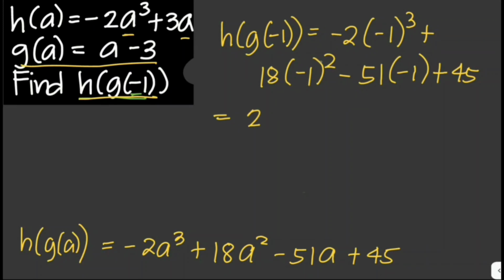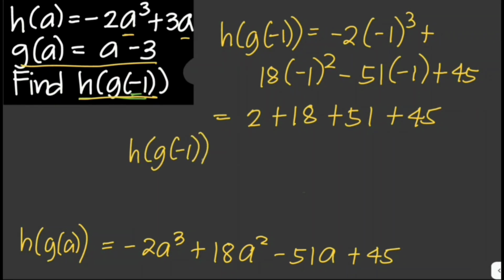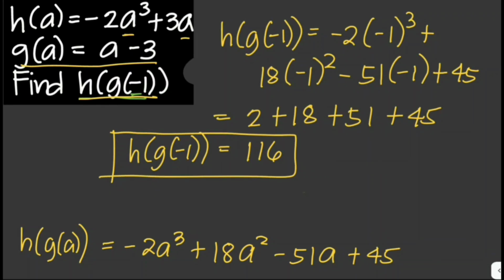Negative 1 squared is positive 1 times 18 is positive 18. Negative 51 times negative 1 is positive 51, plus 45. Then solving this would give us 116. Therefore, the value of h of g of negative 1 is just equal to 116.